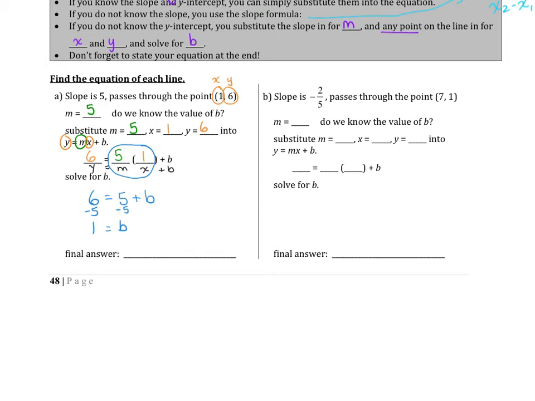And now you are able to write out your handy-dandy equation. Y equals, the slope is 5, x, and the y-intercept is 1.